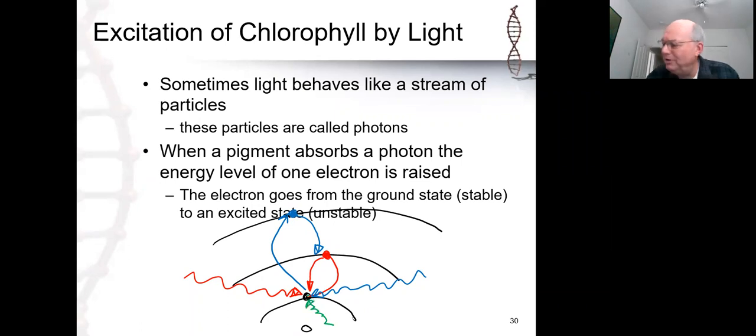Green light, remember, sits in the middle between red and blue. So the energy of green light would bring the electron out to here. But there's no energy shell for the electron to jump to, so green light gets rejected. So this is why it's red light and blue light that is absorbed, because of where the electrons can jump to in response to the capturing of that light energy.